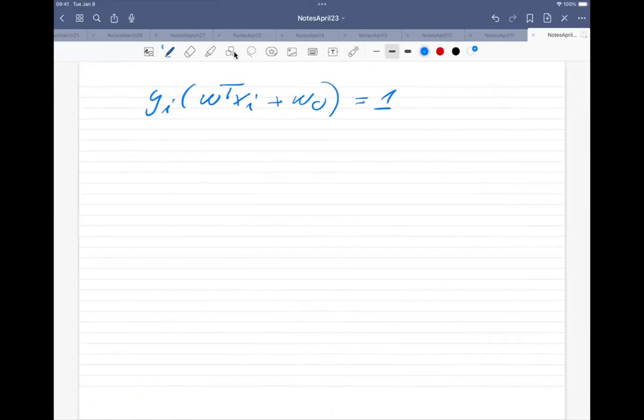And from that one, I can then find w0 equal to 1 over y of i minus w^T x of i.